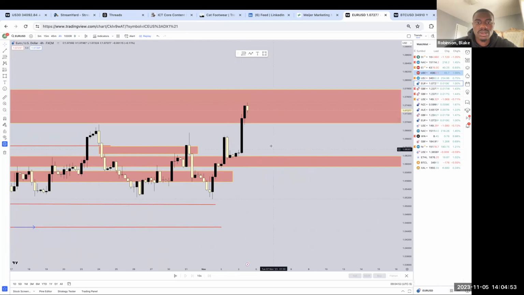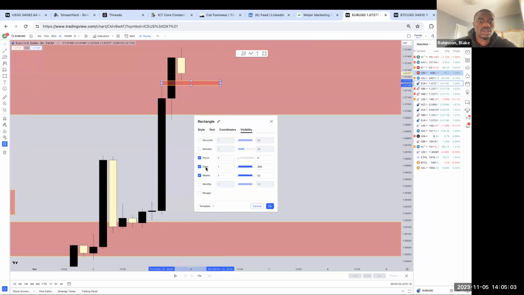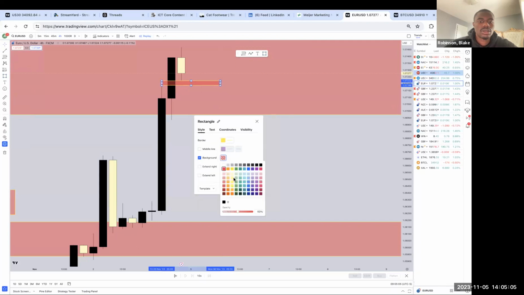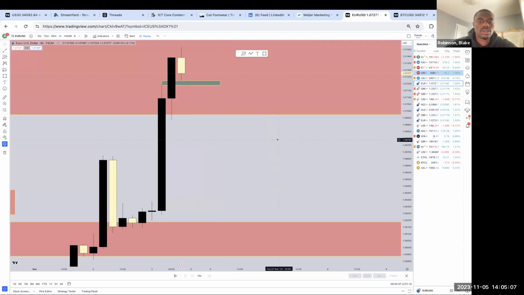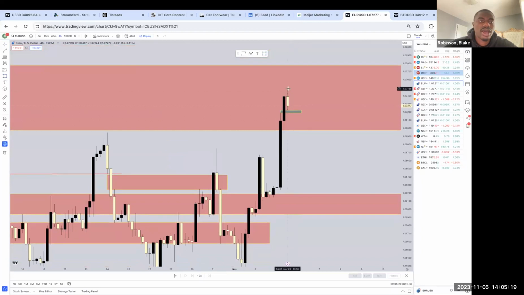It's a very small one. So we formed this fair value gap with the closing on Friday at 1.0718. I want to see price respect this and then potentially attack the highs of this.